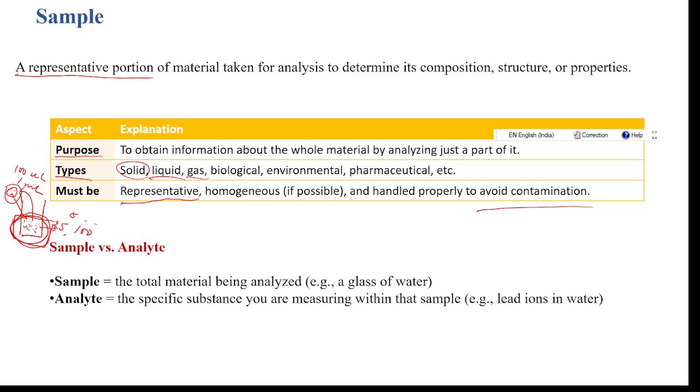of any material. Now here comes another term, this is analyte. There is some difference between sample and analyte. Sample is what? The representative small portion. But analyte is what? Analyte is what we want to find inside this reaction mixture.